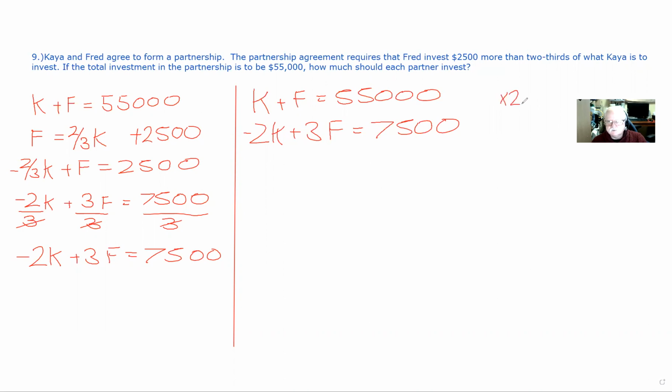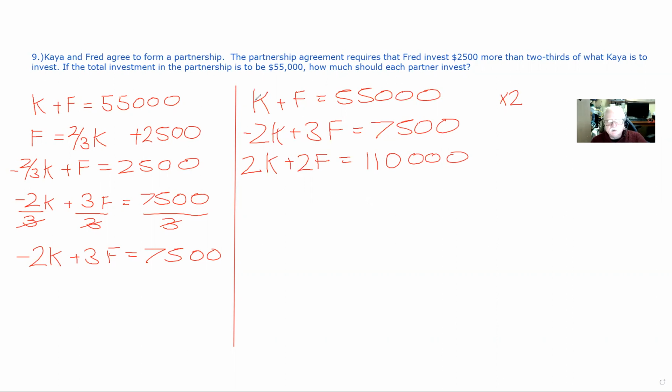So times 2. So 2K gives us 2K plus 2F equals 55,000 times 2, which is 110,000. Let's make sure we're not screwing that up in any way. Okay, looks good.